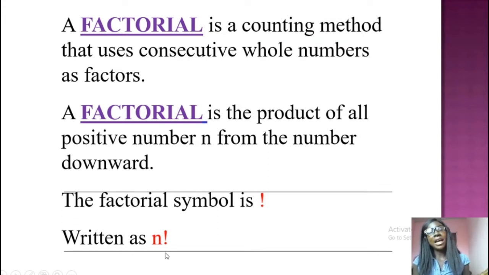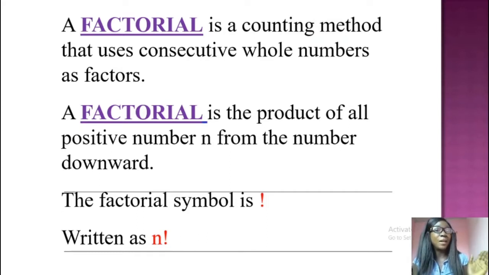So if we are asked to find 6 factorial, we write 6 exclamation mark, and we pronounce it as 6 factorial. To find it, we multiply 6 downward. That's to say 6 times 5 times 4 times 3 times 2 times 1. Okay, so I believe we are all happy.